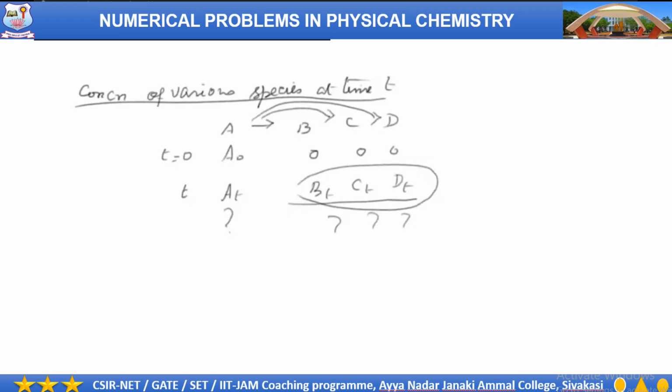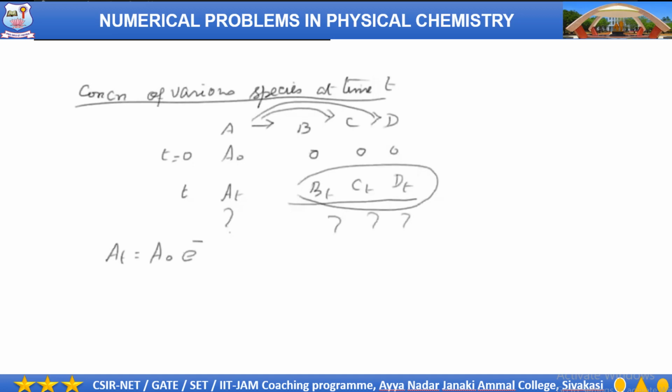Take down the equation for AT. AT is equal to A0 e power minus KT, as usual.